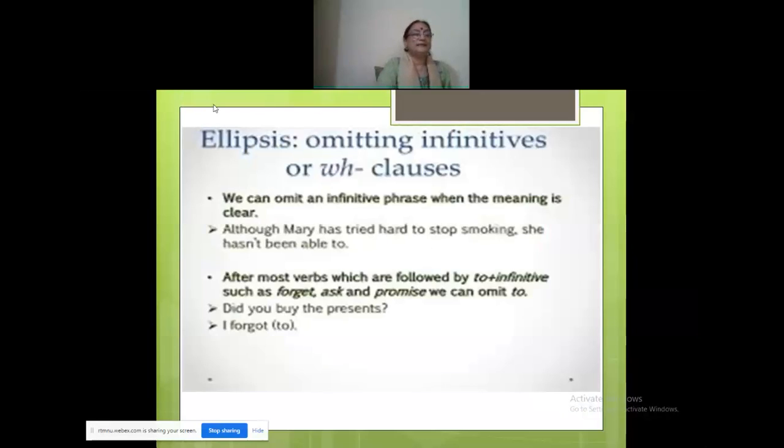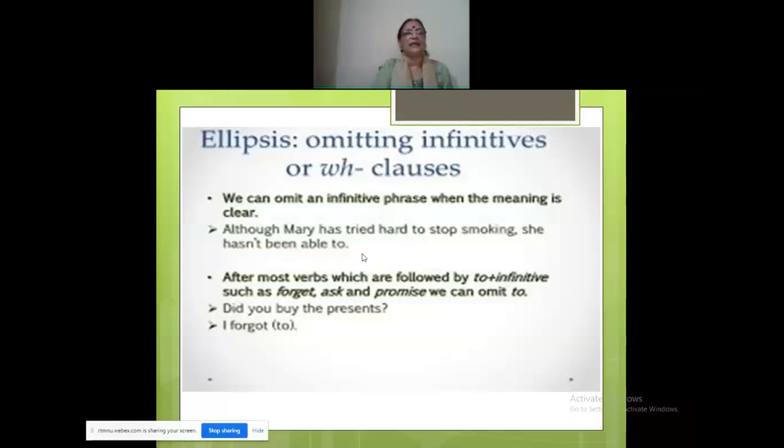Now, the exercise that we are going to be doing. Whenever in writing, if you don't wish to write again infinitive phrases, to do, to write, or just write, depending upon the sentence construction. So, although Mary has tried hard to stop smoking, she hasn't been able to stop smoking. लिखने की जरूरत नहीं है.